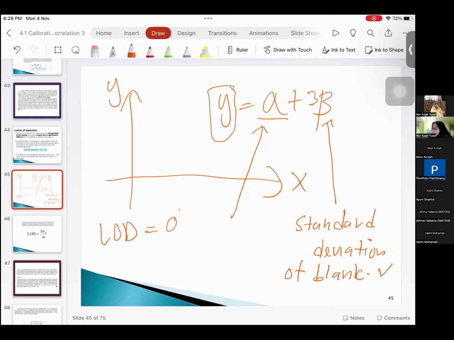I usually use alpha, the blank reading, plus 3 beta. Beta just now is the standard deviation. So the value that you will get is the value of Y.